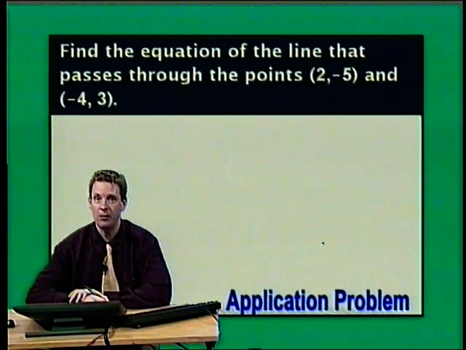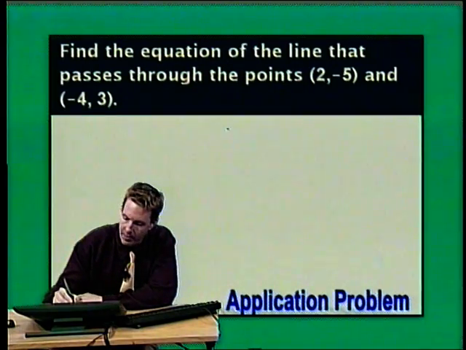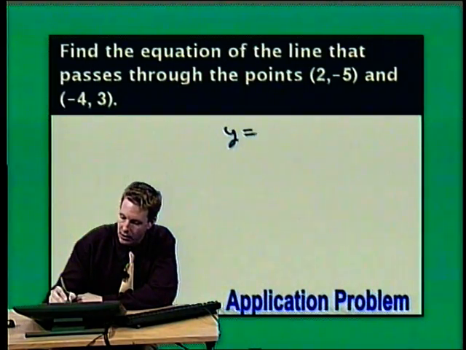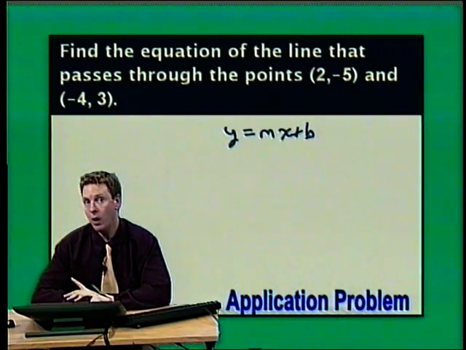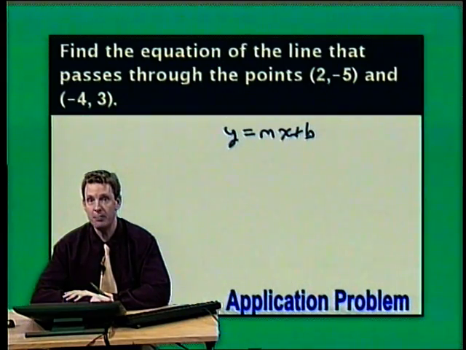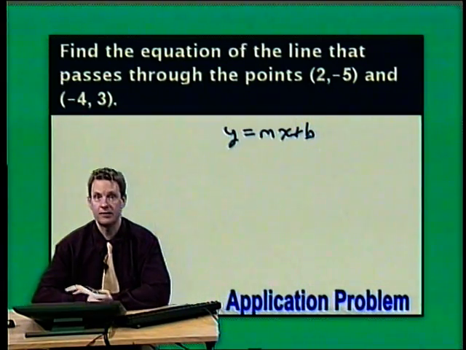And when we write the equation of the line in slope-intercept form, the equation is going to look like y equals mx plus b. Now, what do we know about this line? Well, one of the things we know about this line is that the point (2, -5) lies on the line.